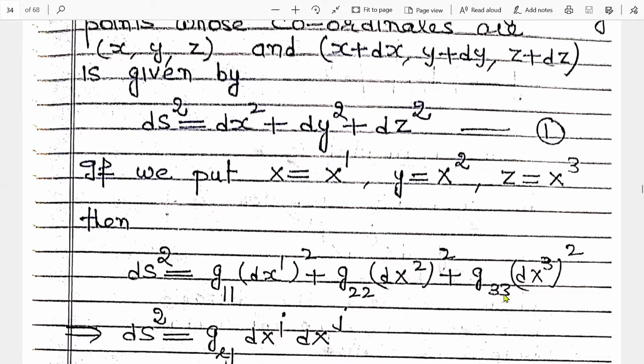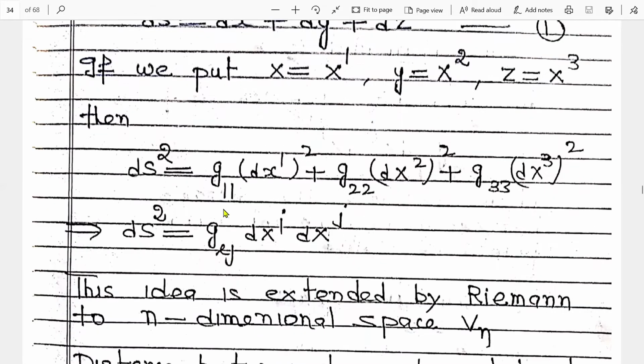This term can be written in this form gij dxi dxj, by Einstein's summation notation. Now this idea was extended by Riemann to n-dimensional space. It was up to 3 coordinates, now Riemann extended this idea to n space. It means i is running from 1 to n and j is running from 1 to n.